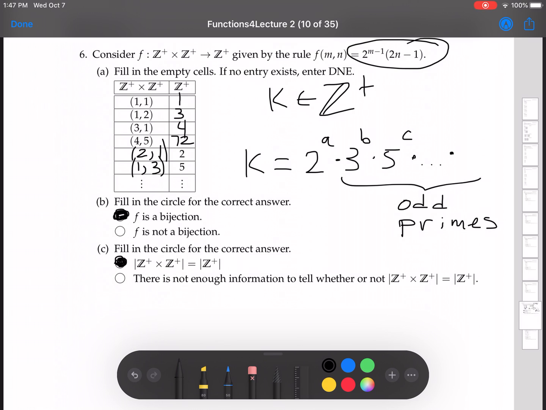Okay, so this basically shows why this formula works. If you can write any positive integer as a product of primes, where the first prime is 2, and 2 to some power a, and then the rest you have all the odd primes. I don't know what all the odd primes are that make up k, so I'll write p and then let's say z or something.